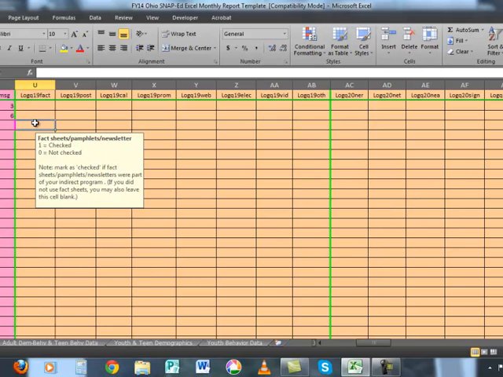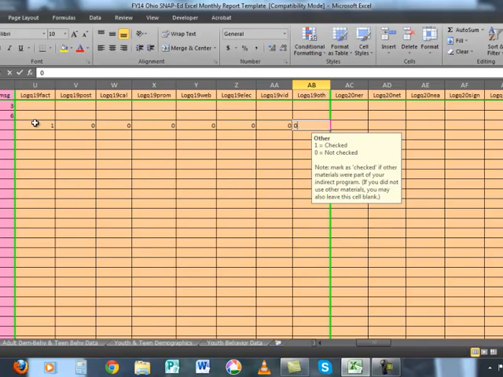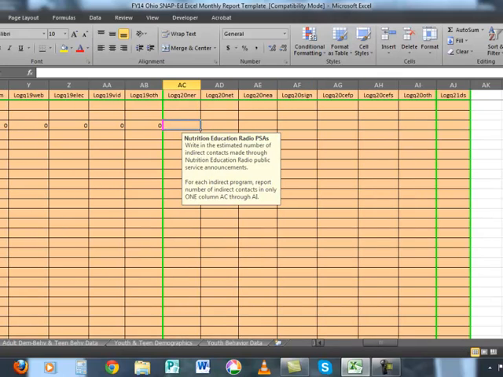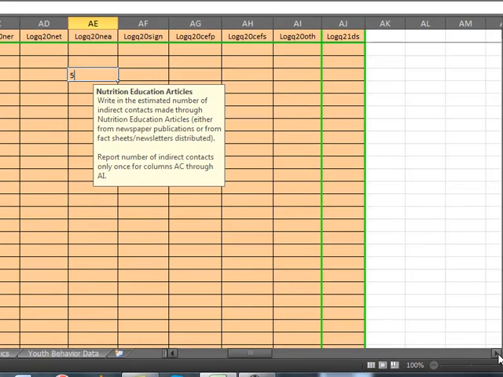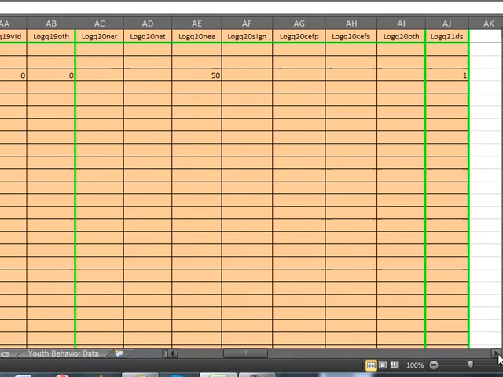And this program assistant did distribute a newsletter to WIC. So none of these other types of materials were used, and she will put in that she left 50 newsletters, assuming one newsletter per participant, and she counted them. So this is how I would fill out this indirect program.